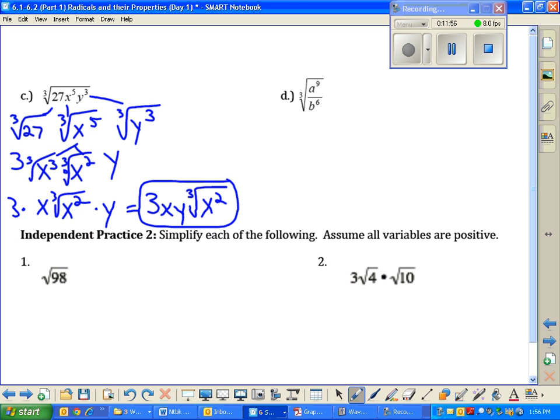Now, does anybody see a quicker pattern? A little quicker way to do it? Yeah. What do you think, Alec?